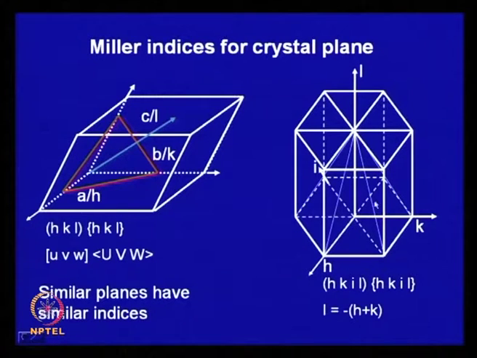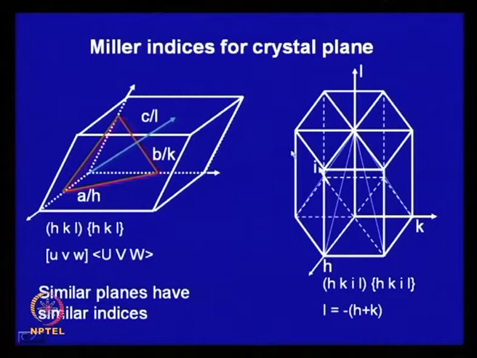Now, in the case of a hexagonal crystal, these are the crystal axes H, K, L, and here also you can apply the same concept. Last time it was shown that this particular plane is a prism plane. Its Miller indices are 1 0 0, whereas this other plane is exactly a similar plane and should have the same indices, and in fact it is 0 1 0.